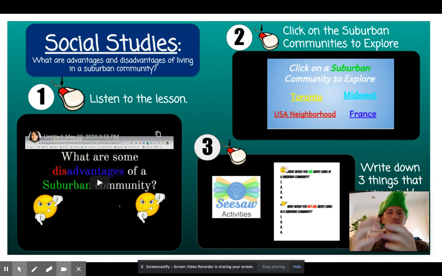As you leave a big city, you go to an urban community, and then outside of that is the rural community, the big open space community with not very many people or cars or buildings. So the suburban is the one in the middle. What are some advantages of living in a suburban community? What are some disadvantages? What are some things that you would not like about living in a suburban community?